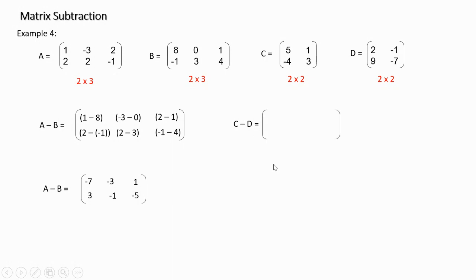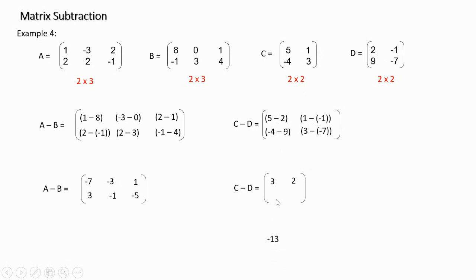Now let's try C minus D. It's going to be 5 minus 2, 1 minus negative 1, negative 4 minus 9, 3 minus negative 7, and here's my result. 5 minus 2 is 3. 1 minus negative 1 is positive 2.